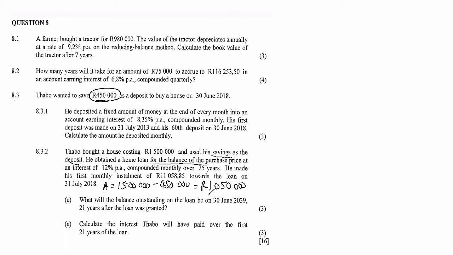From subtracting this. So this is what he goes to the bank and asks for. Then they say at an interest of 12% per annum compounded monthly over 25 years. He made his first monthly installment of 11,058.85 towards the loan on 31 July 2018.